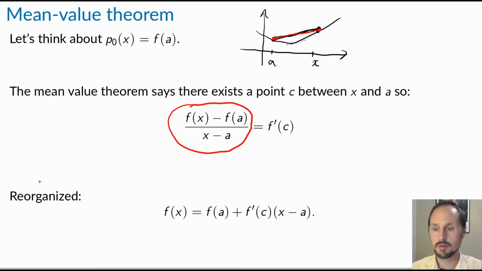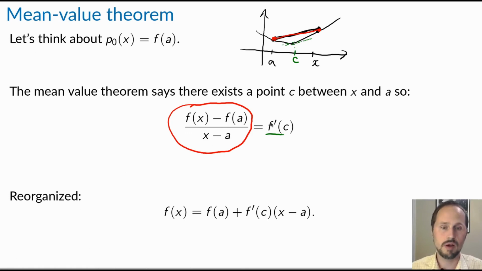And the guy on the right, if that's my tangent line, then this is going to be the point C. So what it's saying is that if I have a point A and a point X, then I look at the line segment connecting the 2 corresponding points on the graph of my function that has some slope. There is some point in between them where that's the slope of the tangent line. Right? So that's what the mean value theorem says.